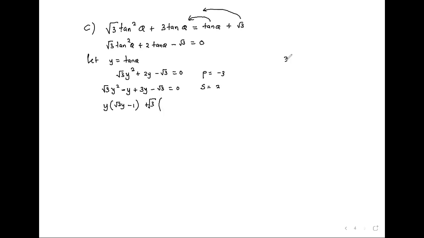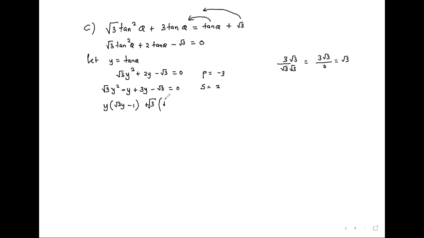Then we divide 3 over root 3, and you can rationalize it. It will be 3 root 3 over 3, which is root 3.